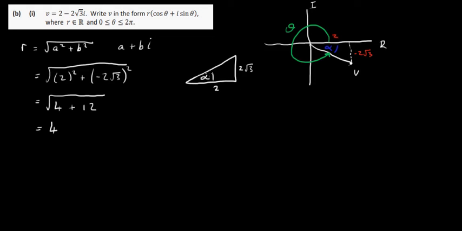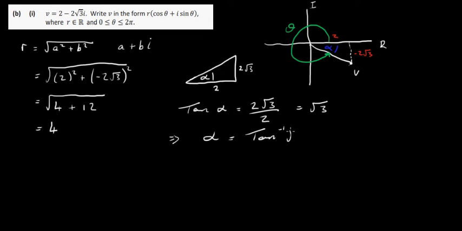So in order to find this alpha here, we're going to use tan, because we have the opposite and we have the adjacent. So I'm going to say tan of alpha is 2 root 3 divided by 2. So that's just going to give us root 3. So tan alpha is root 3, and we want to find alpha. So alpha is just going to be tan inverse root 3.